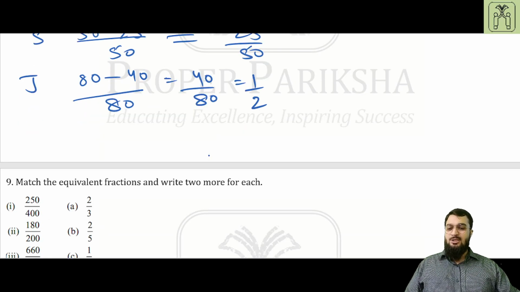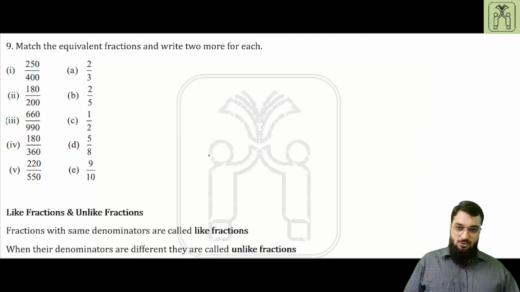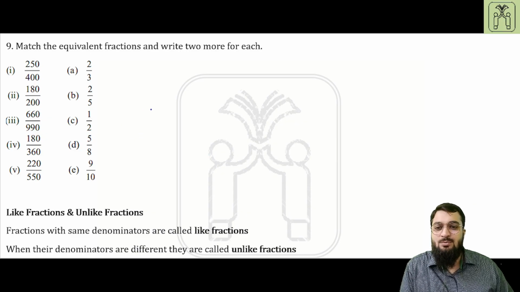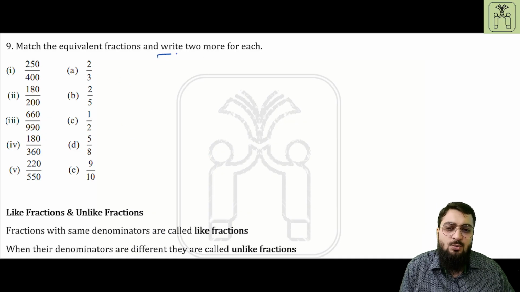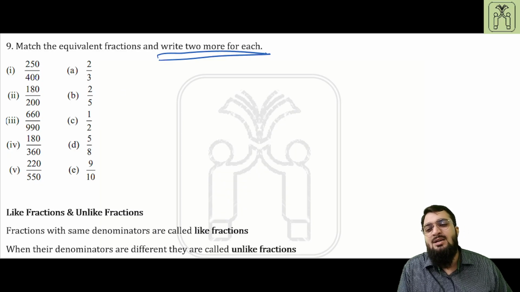Now coming to question number 9, match the equivalent fractions and write two more for each. So we have to match the equivalent fractions and write two more for each. Writing two more for each will be your homework, because that is something you can do by now, and equivalent fractions will be matched for the first two, the remaining can be done by you.